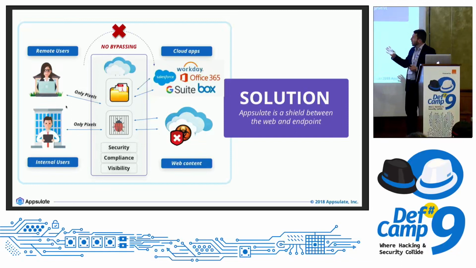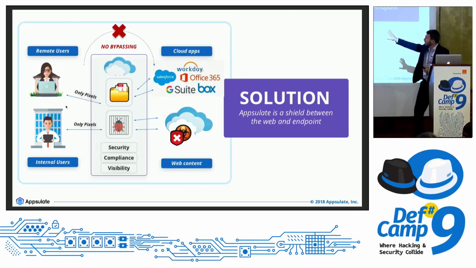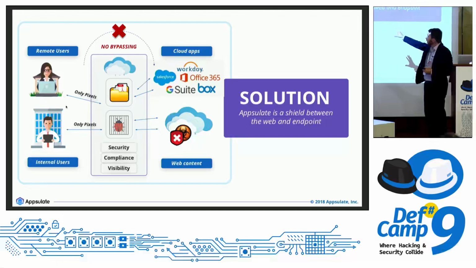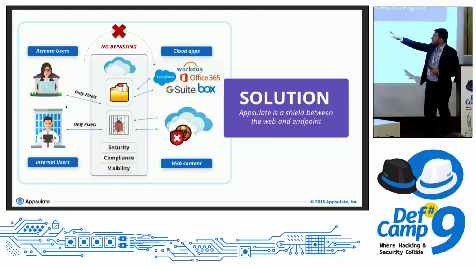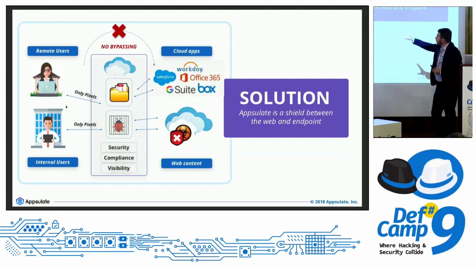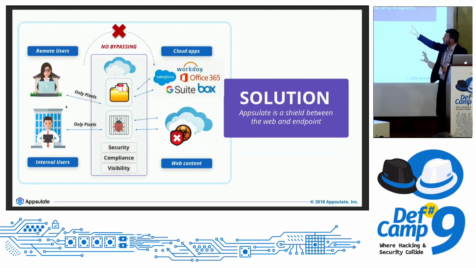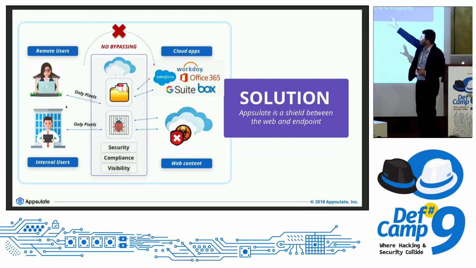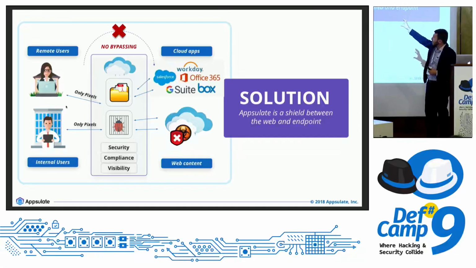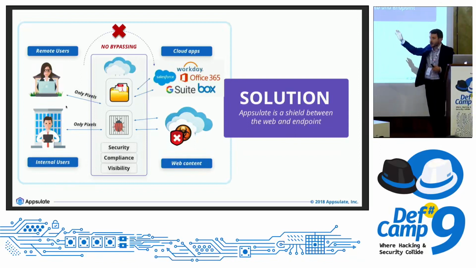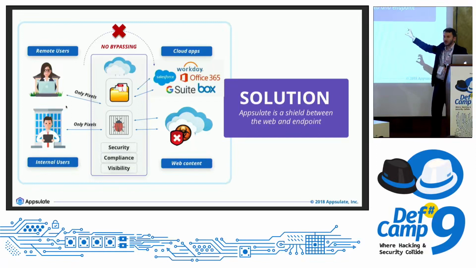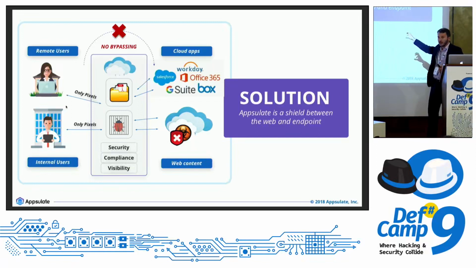Web isolation is a technology that acts as a shield between your cloud applications and your end user's endpoint, so that all the applications and all the confidential data get rendered in a secure and isolated container remotely, and only a safe, passive stream of pixels reaches the end user's browser. So in the first case, no confidential data can get out of the container.